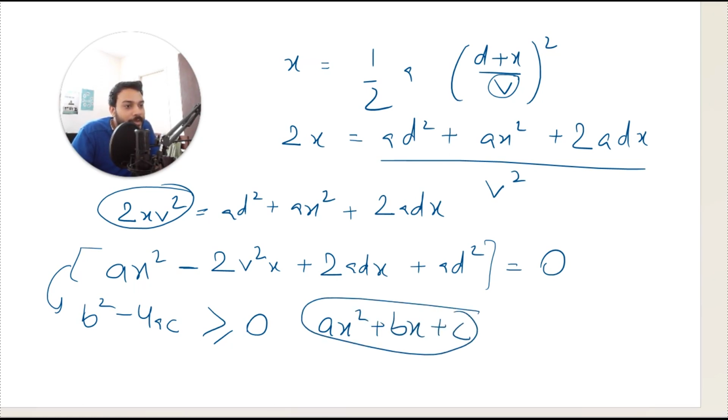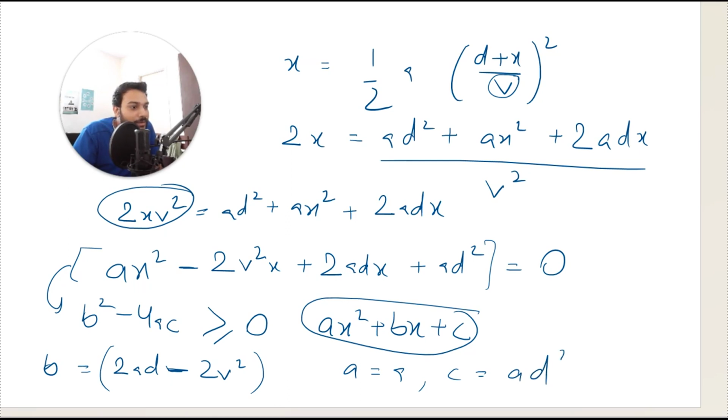Comparing with this form, in our equation, b is the coefficient of x, which is 2ad minus 2v squared. The a in our case is a, the coefficient of x squared, and c in our case is ad squared.